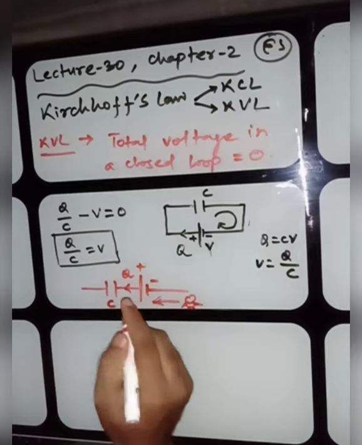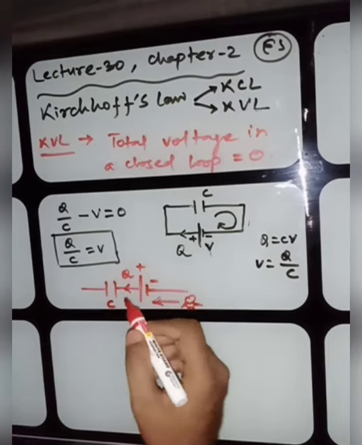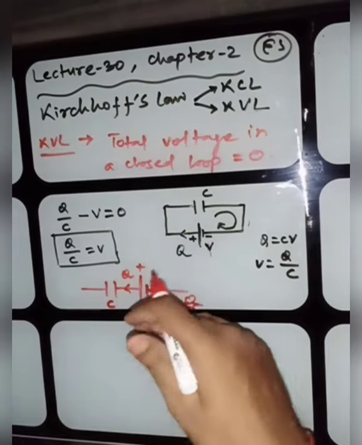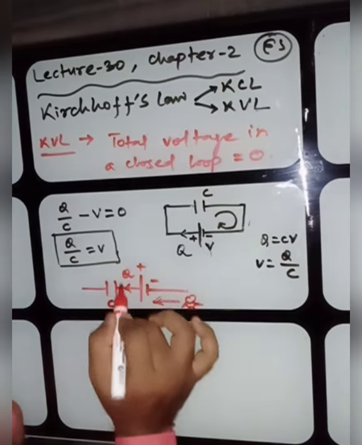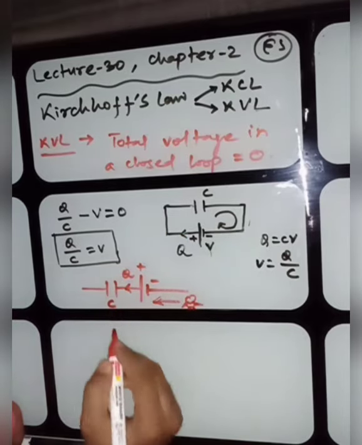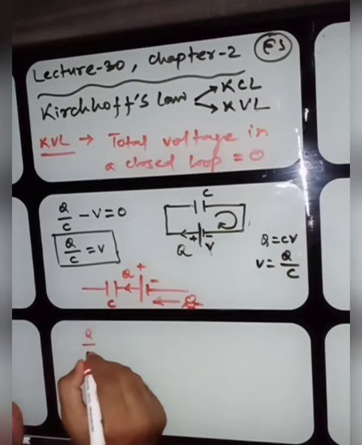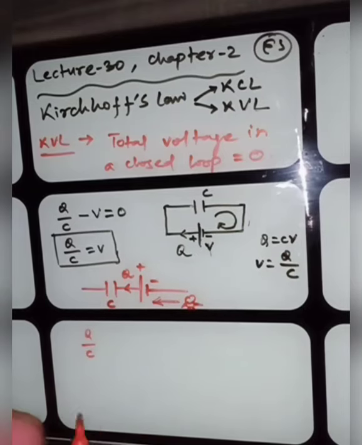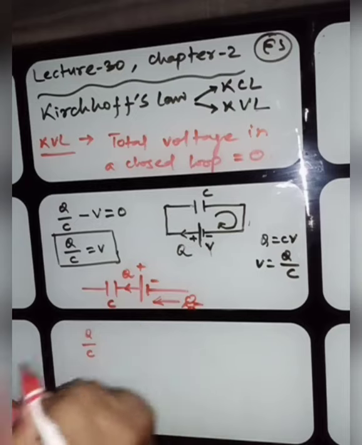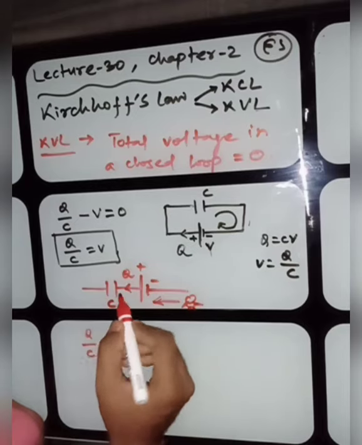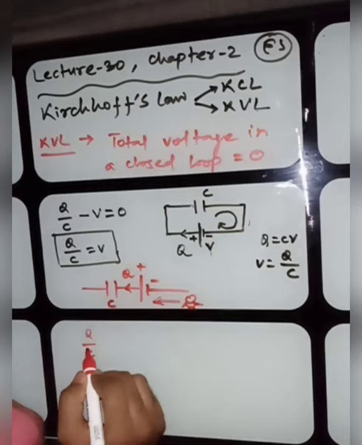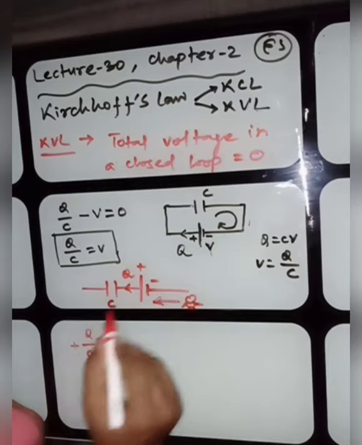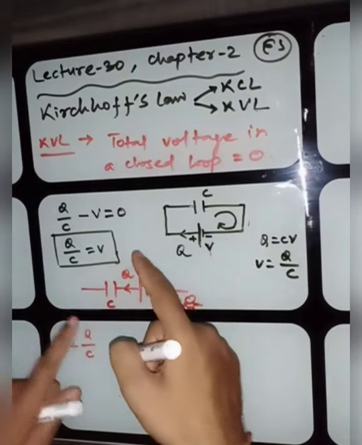You don't need to write the plus or minus of the capacitor. Remember, in books plus or minus is given, and that is very confusing. So simply write the potential. And what is the potential? Q by C. Now, if you are going in the same direction of the charge, then you have to write the potential as positive on the capacitor.